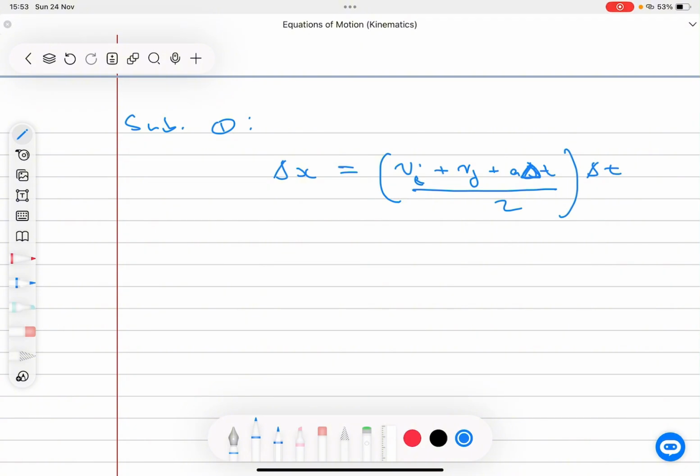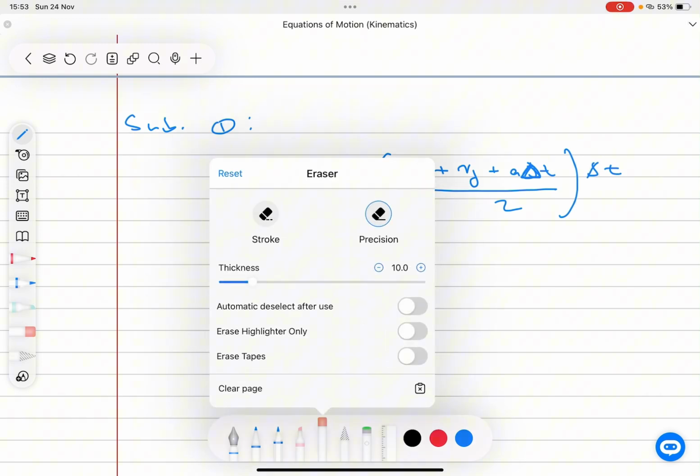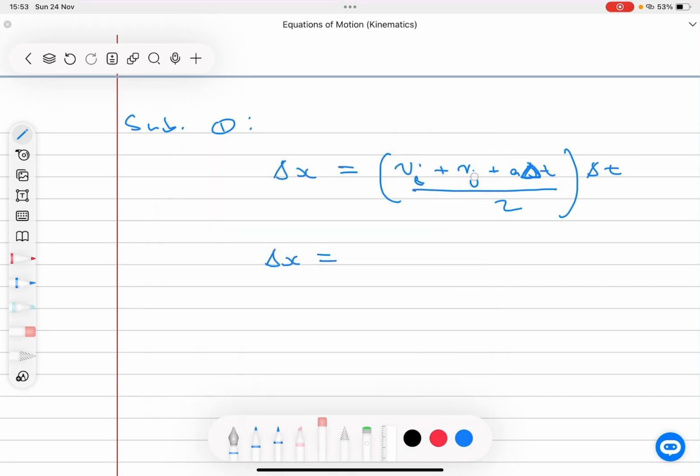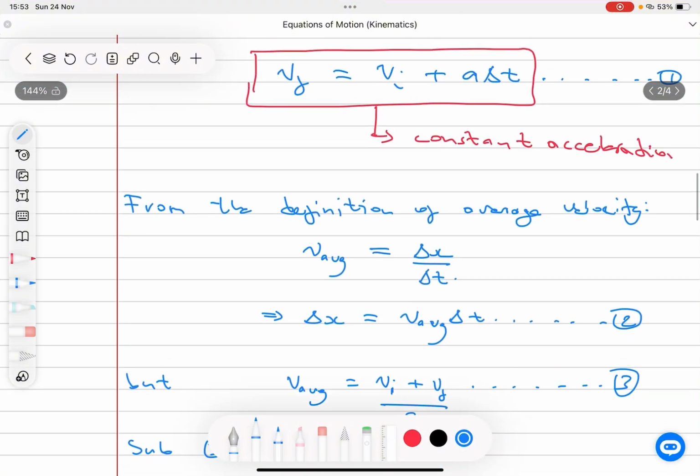Now from here, this becomes very boring, because we're just going to simplify this. Now this would mean I'll have my change in x being equal to, notice that I've made a mistake here, because we don't have V final here, we actually have Vi.